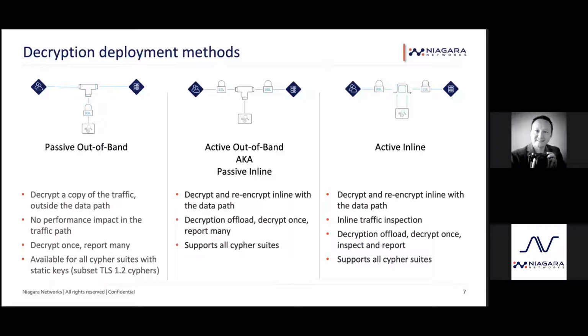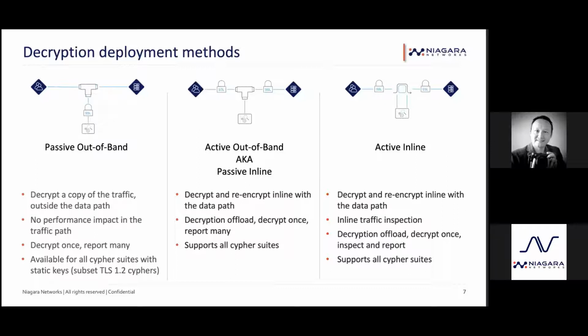So in this case, the inspection tool sits in line with the traffic. We take a copy of the traffic and send that to the inspection tool. And once the inspection tool returns the traffic to the packet broker, to the decryption engine, we send that traffic to the server. So there's an actual appliance in line with the traffic.